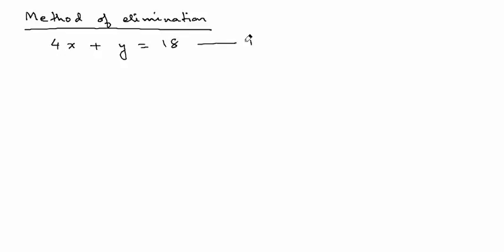Let's call this equation number 1. We need another equation to find x and y. Let's say the other equation we have is x minus y is equal to 7. Let's call it equation number 2.